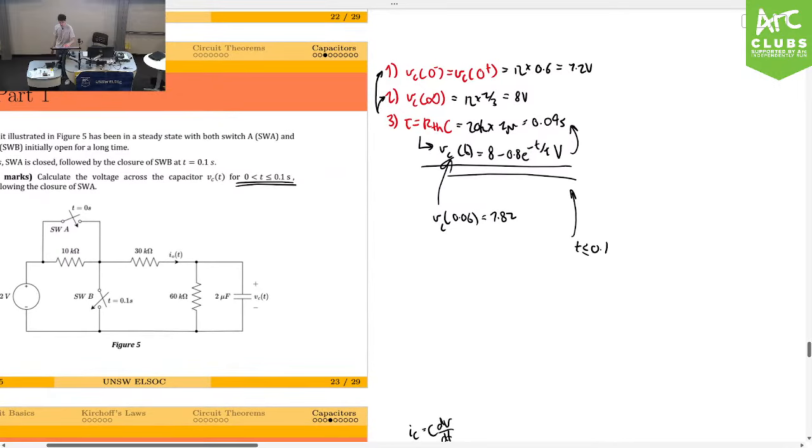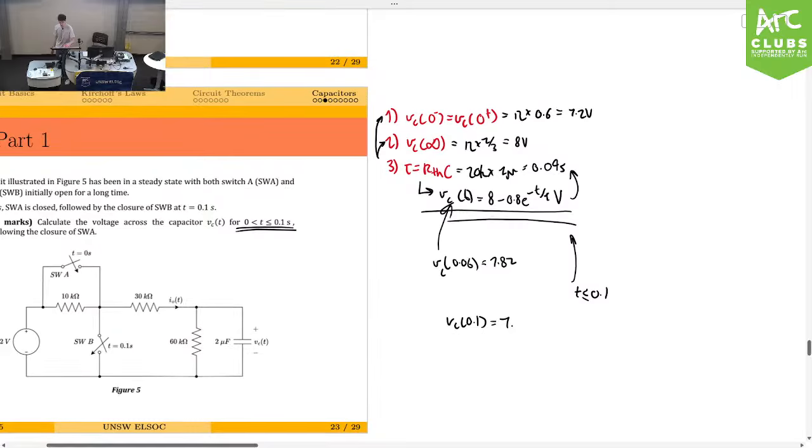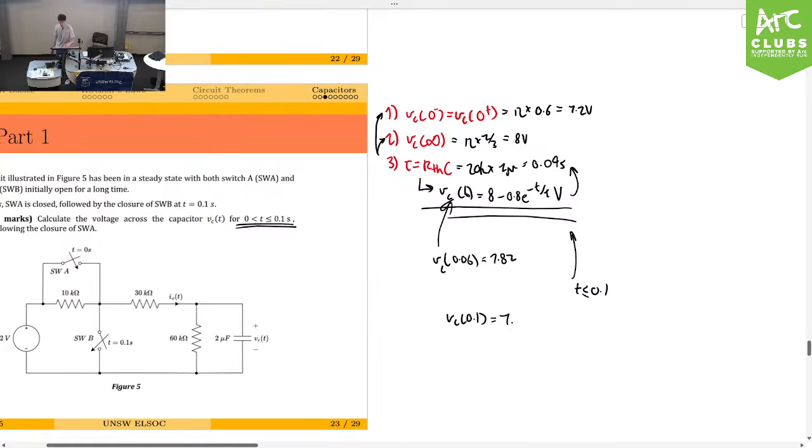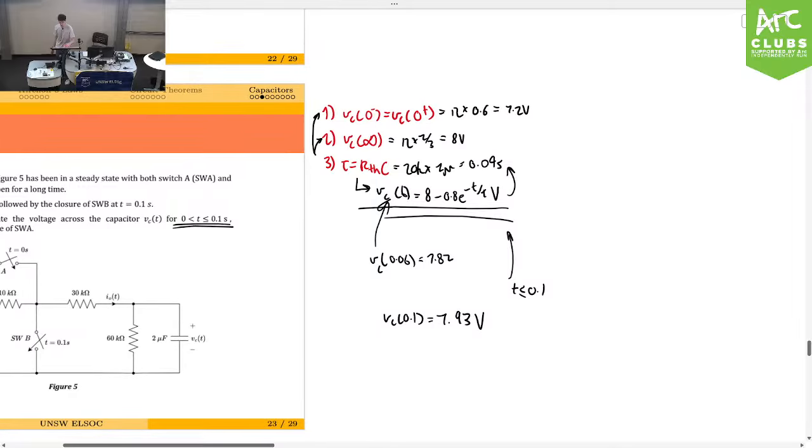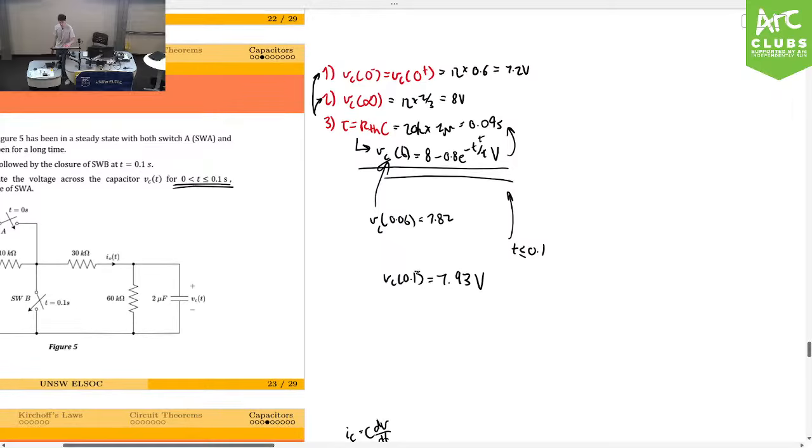In which case, if I take this equation and I sub in 0.1, I'll get... Well, I've already evaluated this, but if you just sub in t equals 0.1, and you know what tau is, and you know what the other values are, you get 7.93. That's going to be at t just before 0.1, which is also the same as VC at 0.1 plus.